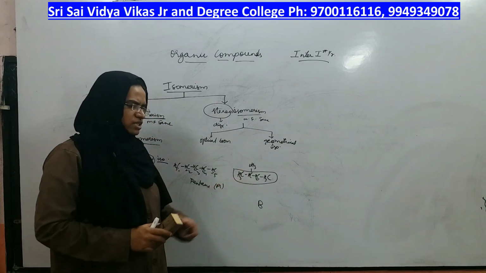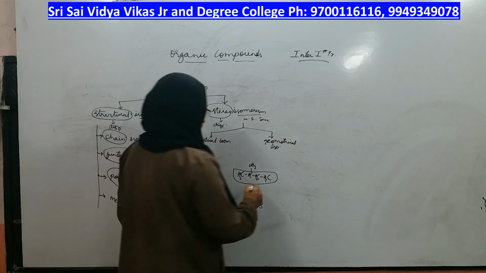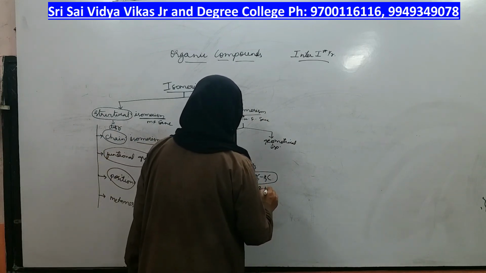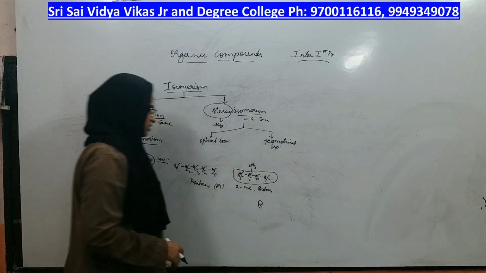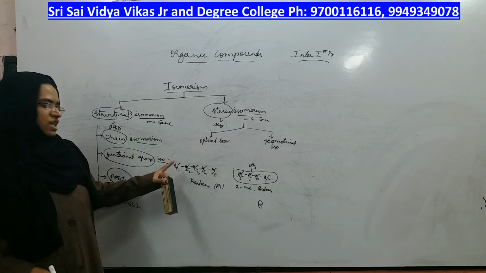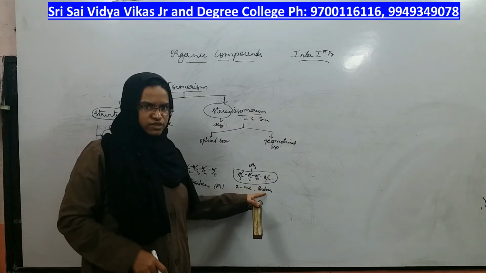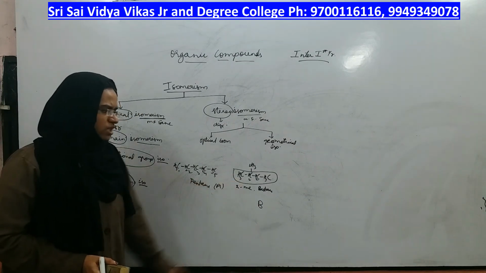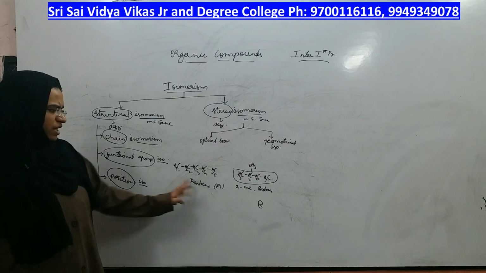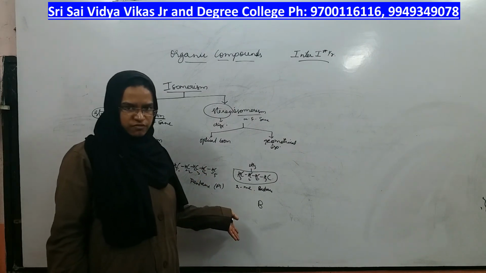Therefore the name of this compound is not pentane, rather it is butane. Which butane is it? It is 2-methylbutane. In this compound the length of the chain is 5 carbons, and in this compound the length of the chain is only 4 carbons. The molecular formula of both compounds is the same, but the structure is becoming different because the length of the chain is becoming different, right?